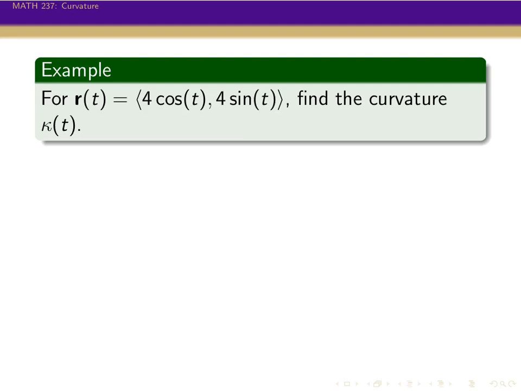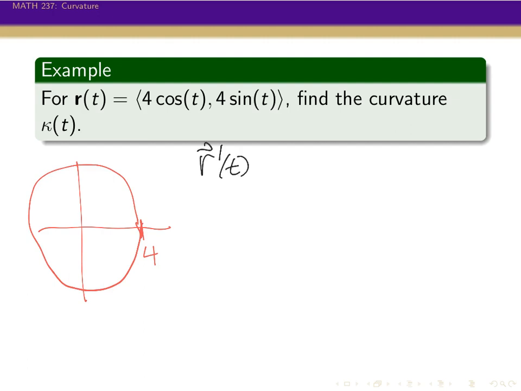Here's an example, similar to the example we used in the last video, except now we're trying to find the curvature of this curve, which is drawing out a circle of radius 4. To get the curvature, we need the unit tangent vector, so we need r prime first.